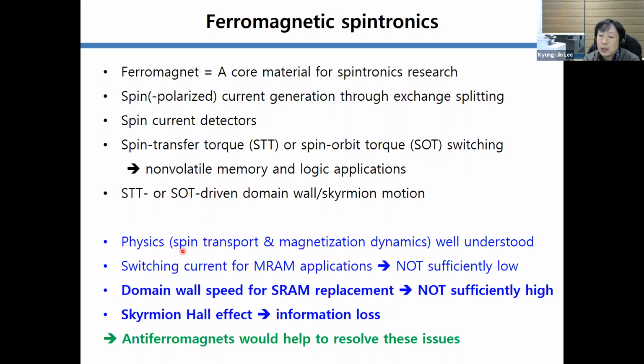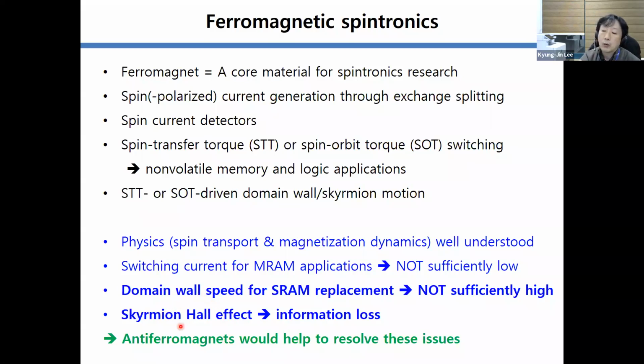But when you consider applications, for example, the switching current for MRAM is not sufficiently low if you want to expand the market of MRAM. If you consider domain wall speed for racetrack memory, the ferromagnetic domain wall can move very fast, but still it's not sufficiently high. And when you consider skyrmion devices, there is an interesting but detrimental effect called the skyrmion Hall effect that causes information loss.